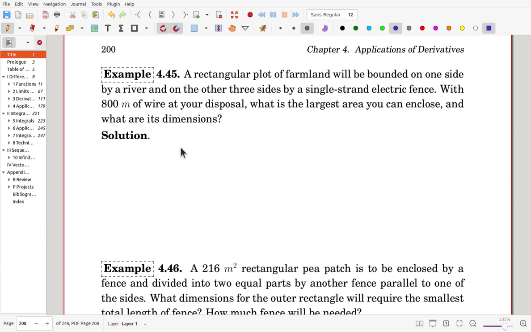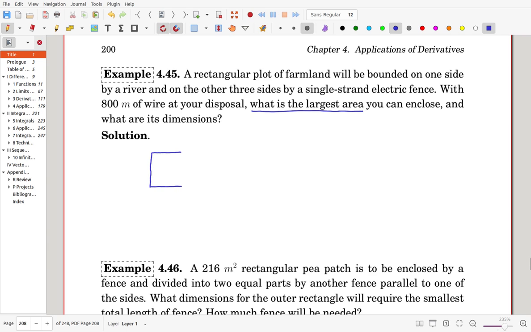Okay, this problem is also an area and perimeter problem. And we have to maximize area, the largest area. So let's visualize the rectangular farmland in this way.